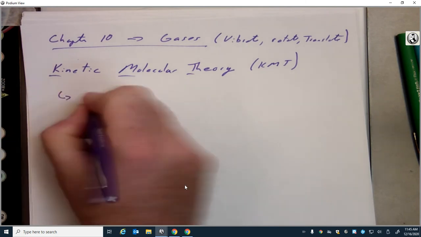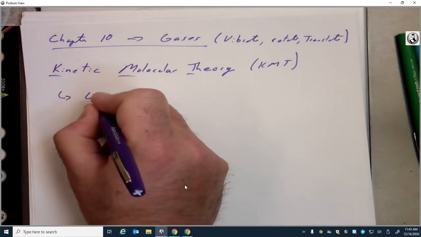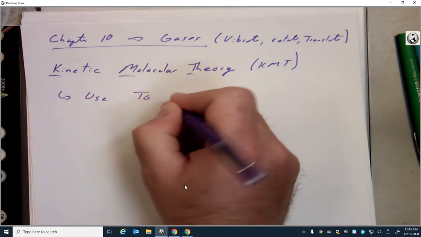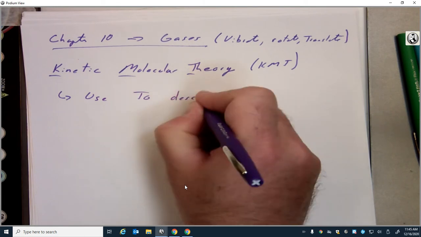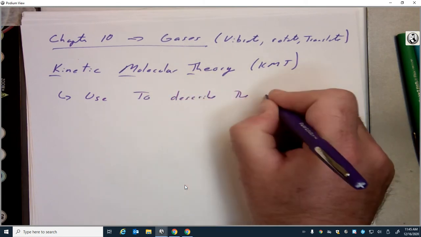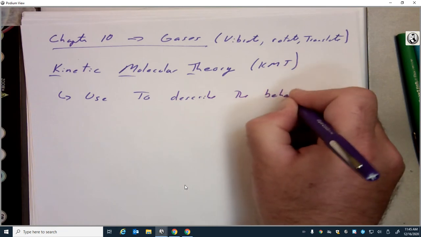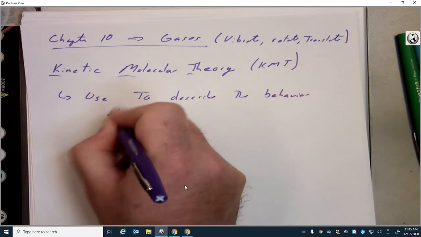So this is what we use to describe the behavior of gases.